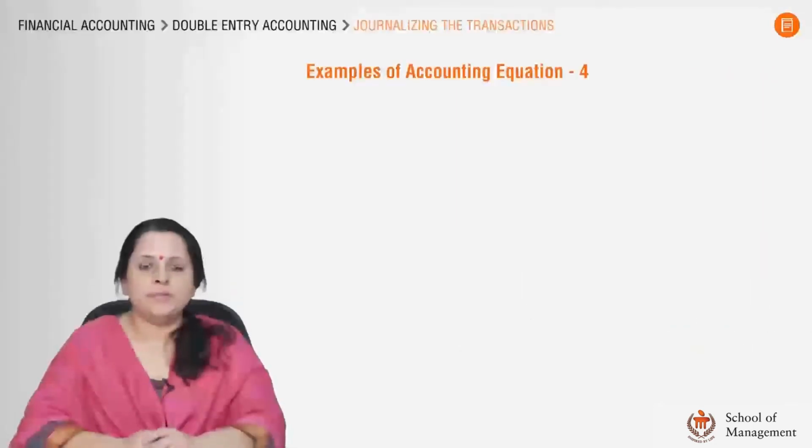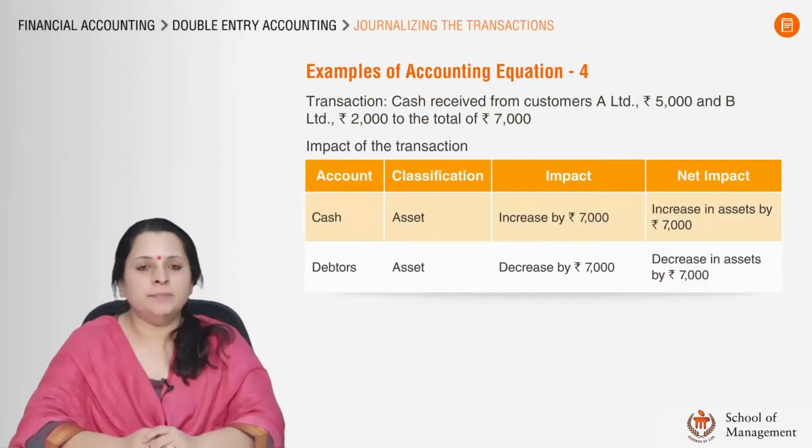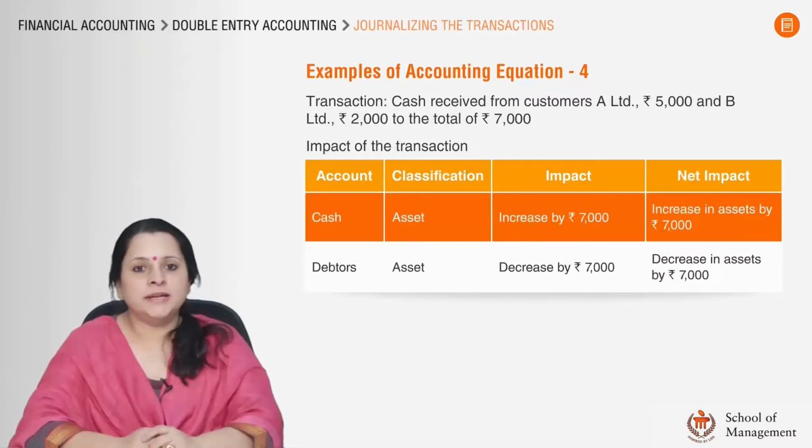The fourth example is cash received from customers A Limited and B Limited to the tune of rupees 7,000. A Limited and B Limited accounts are debtors which are assets. In this case, while cash balance increases when money is collected from debtors, the debtors balance would reduce as the debtors pay off the amount due from them.